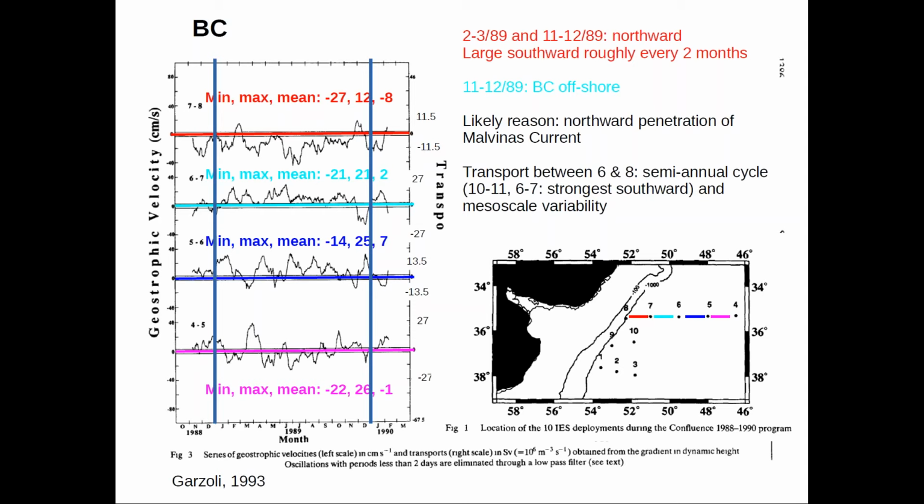Well, I guess I have to take the mouse as a pointer. Here we have an offshore southward flow, and right onshore it's northward, so the Brazil Current just shifted offshore to the location here between 7 and 6 instead of 7 and 8. So very variable at 35 south, which is not really surprising.